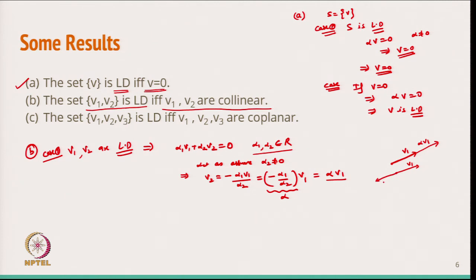So, it is my V2. So, this is the form of collinear vectors I am taking here. So, obviously, from here I can say that V1 and V2 are collinear vectors.